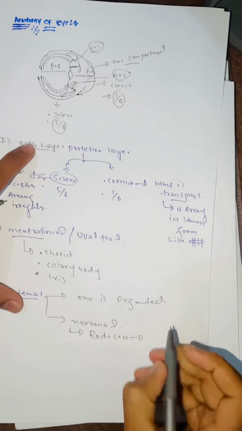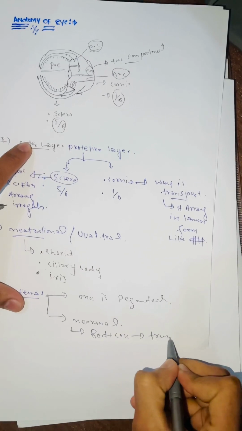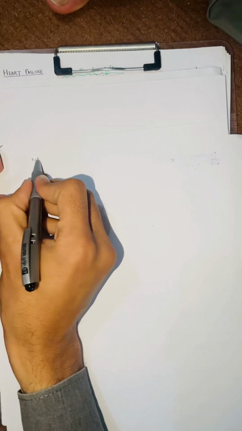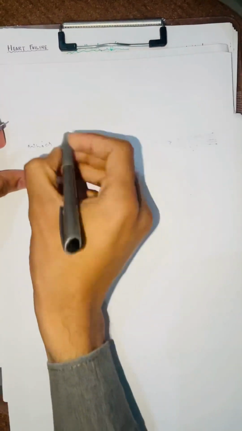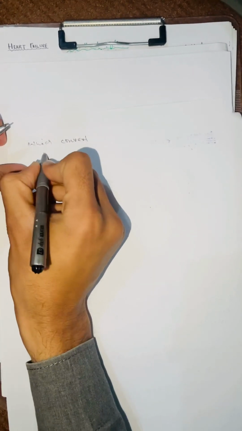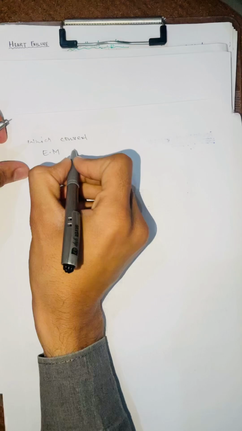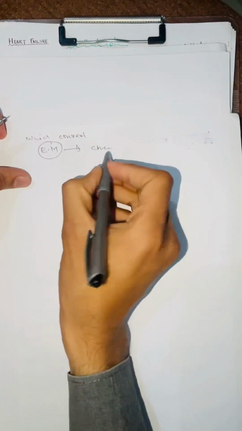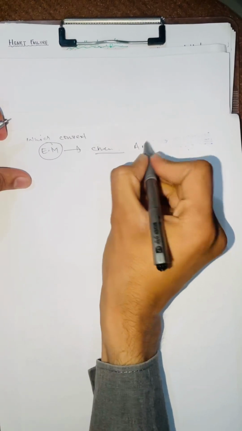It is basically a transducer, which converts electromagnetic energy into chemical energy. Light is electromagnetic, and chemical energy is the action potential.